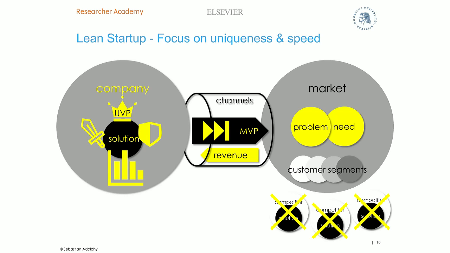Of course, the solution still has to fit the problem and the need, and you still have to reach your customers in their different customer segments. But by creating a solution which is unique and has an unfair advantage, and by doing this as fast as possible, not creating the perfect product or service but just the right product and service in the form of an MVP, you are going to be faster on the market.